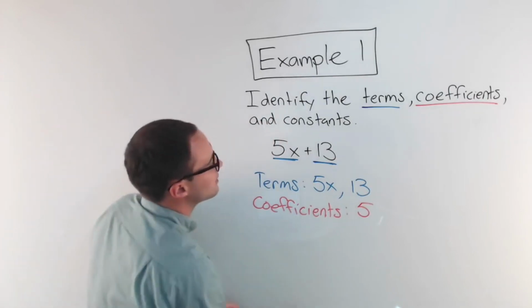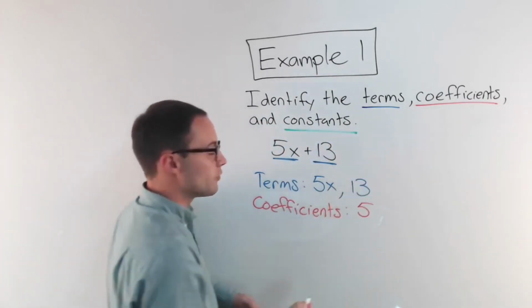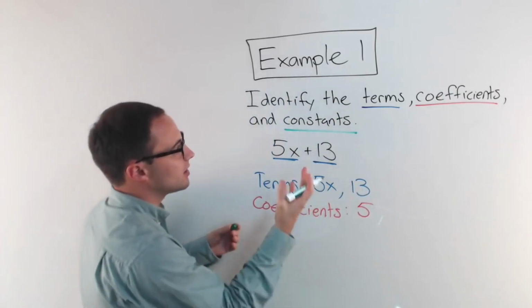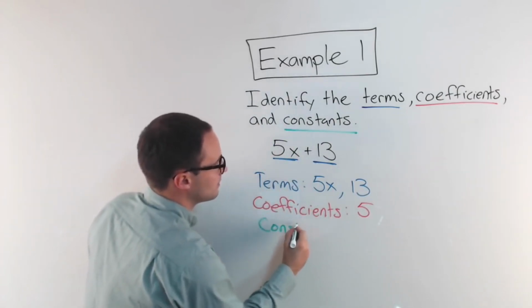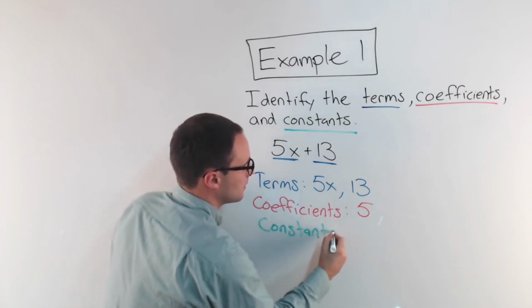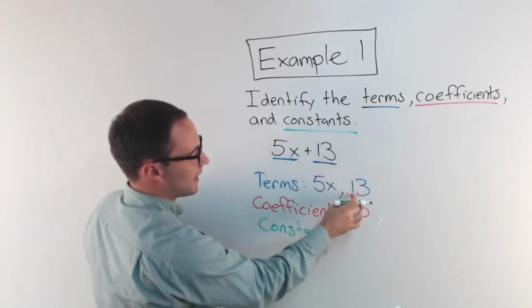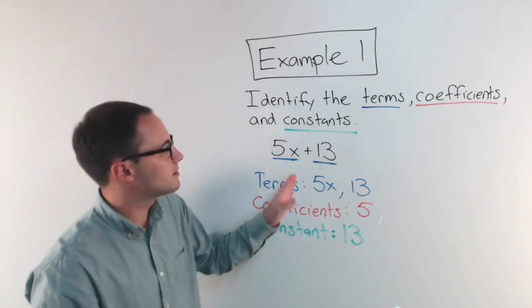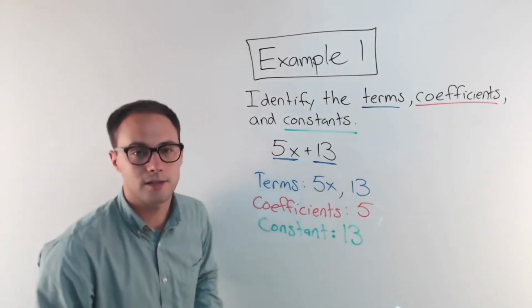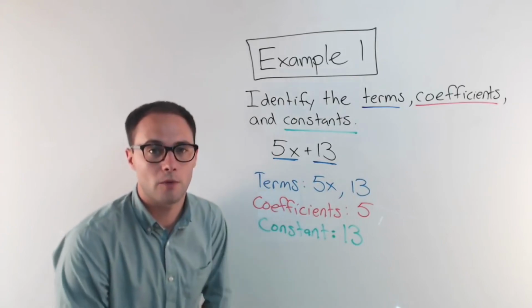And last but not least, the constants. Remember, that's something that doesn't change no matter what the variable is. So in this situation, the constant is 13. It doesn't include anything next to a variable. It stays 13 no matter what.